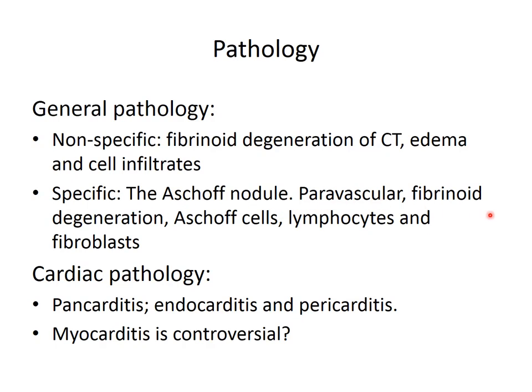It is a paravascular fibrinoid degeneration with Aschoff cells, lymphocytes, and fibroblasts. The cardiac pathology, as you know, is a pancarditis: endocarditis, which is the valvular pathology, and pericarditis. Myocarditis is controversial.